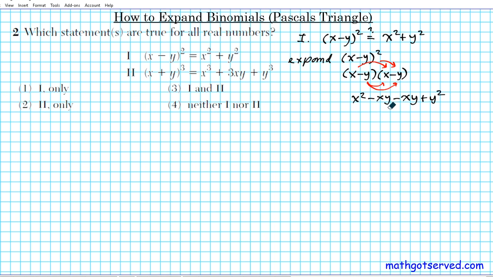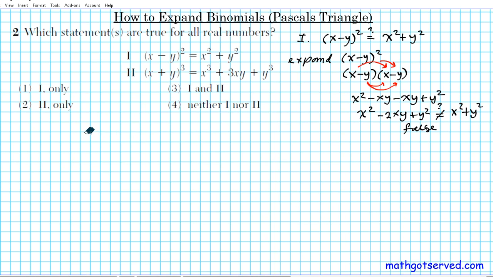If you combine the middle terms, you're going to have x squared minus 2xy plus y squared. Is this equal to x squared plus y squared? The answer is no. This is false. So it cannot be option 1.